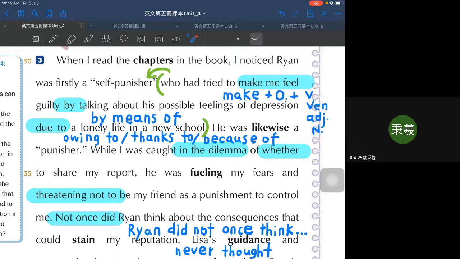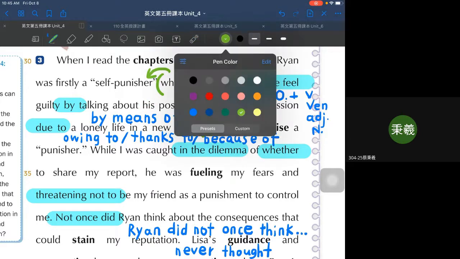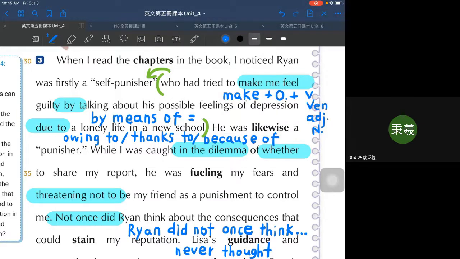All right. So by talking about his possible feelings of depression, by here, please underline the word. By here means by means of. Means here means the way of doing something. So you can also say in a way of doing something, by using a certain kind of way.